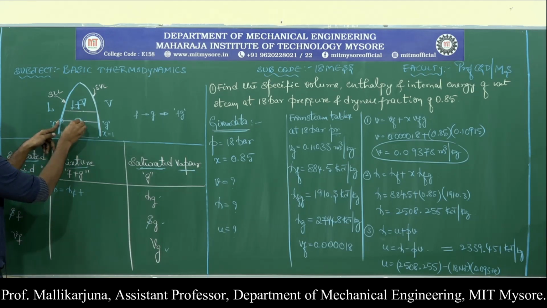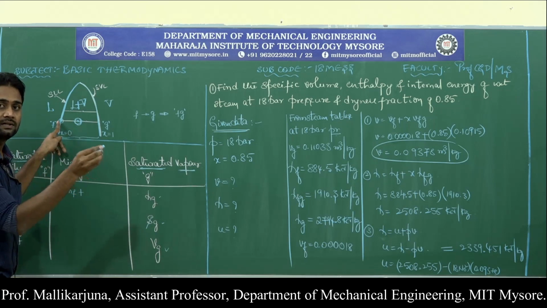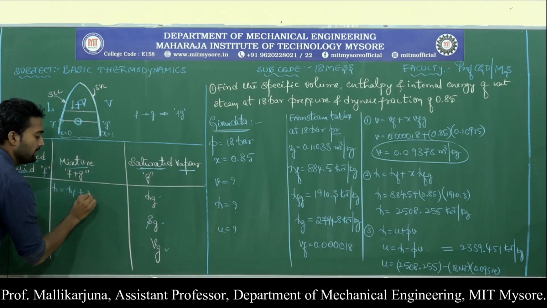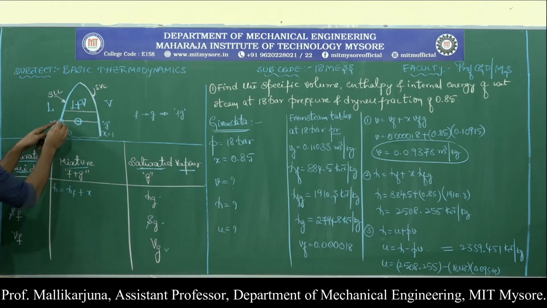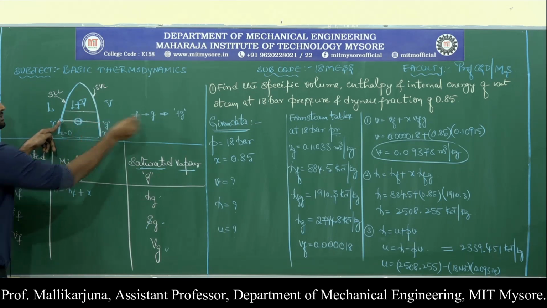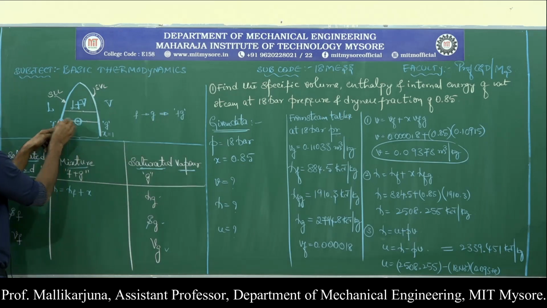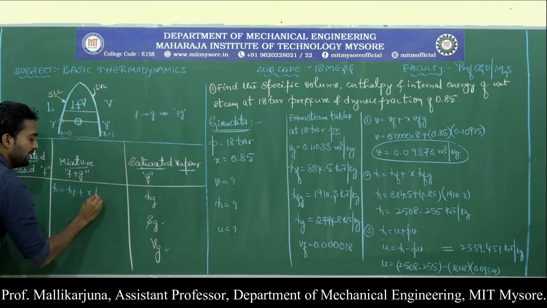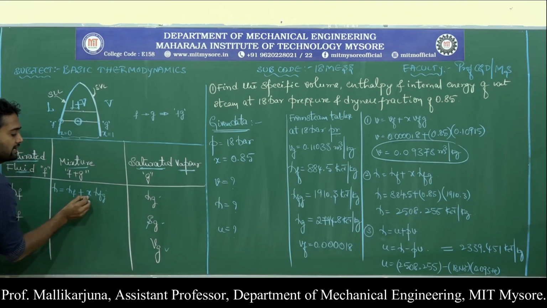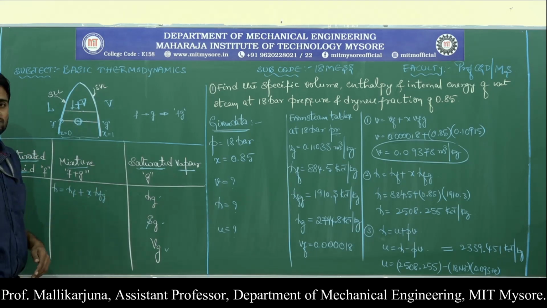Now you are moving in this direction. If you move in this direction, there is a meaning for the x: x times, from here to here, it is the complete hfg. From here to anywhere in between, that is hfg multiplied by x, which is nothing but the dryness fraction.